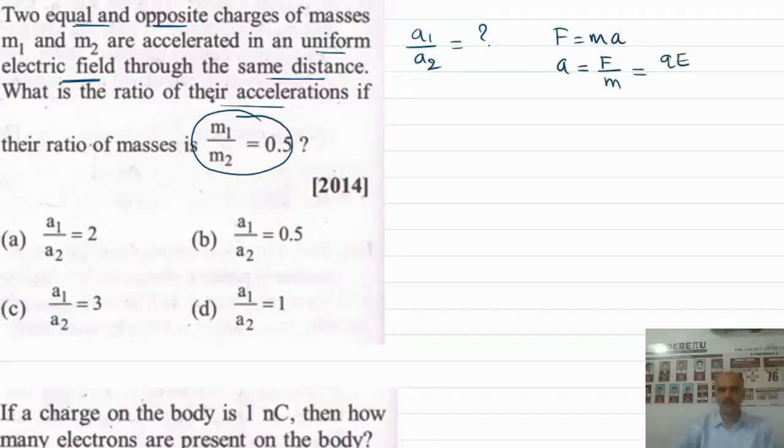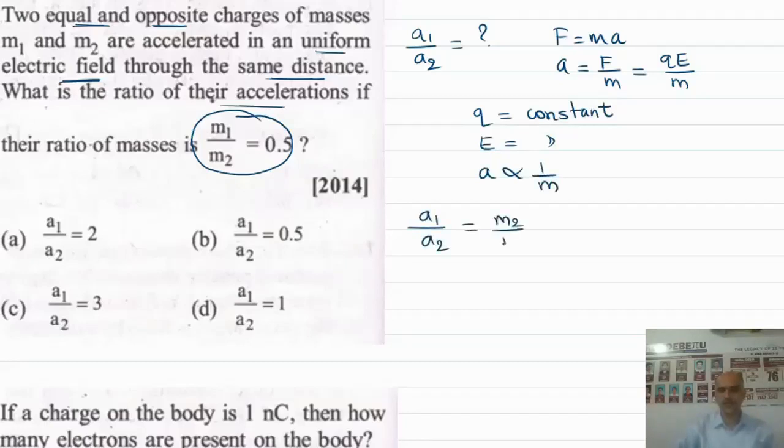F is given by QE, so a is QE by m. Now if you read the question, two equal and opposite charges, so Q is constant. They move in the same electric field, therefore E is also constant. So you can say a is inversely proportional to m, means directly in one step a1 by a2 is equal to m2 by m1. So m1 by m2 is 0.5, 0.5 is nothing but 1 by 2. So substituting, 2 comes on top, 1 at the bottom, that is 2. Means option A is the answer.